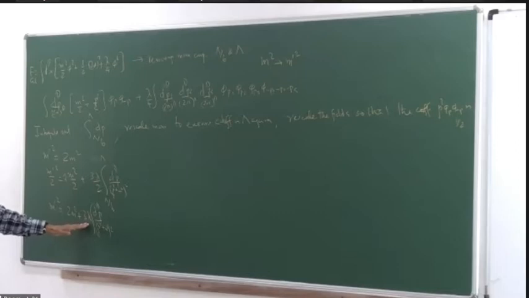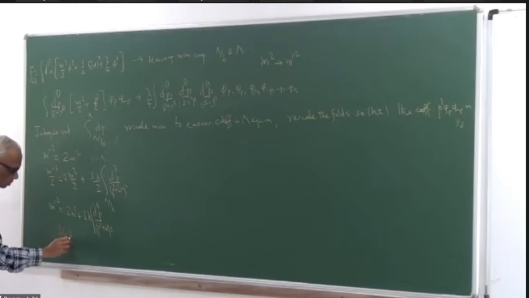If this is not there, then the Gaussian index is ν equal to half. So all right.